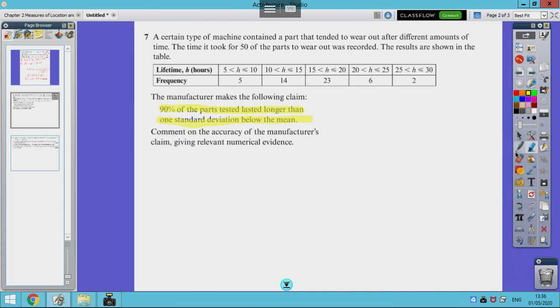So for part 1, I think you have to find your standard deviation and your mean. You could do that using your calculator, that's absolutely fine, but I'm going to speed up the process a little bit and give them to you. So we've got x bar equal to 16.1, and your standard deviation is 4.69.